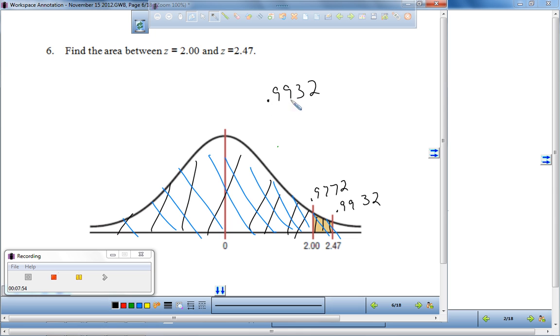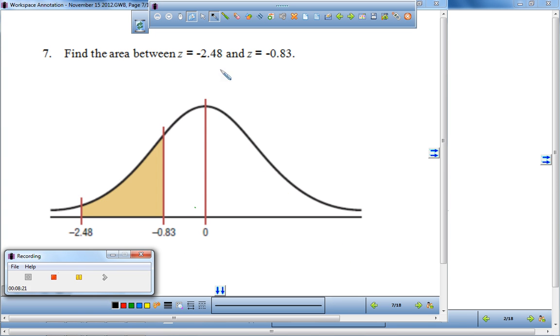So we'll take 0.9932 minus 0.9772, and we end up with 0.016. Convert that to a percentage, so we get 1.6%. So basically 1.6% of the area of the distribution falls between 2 and 2.47.